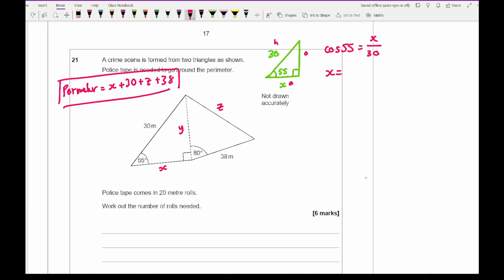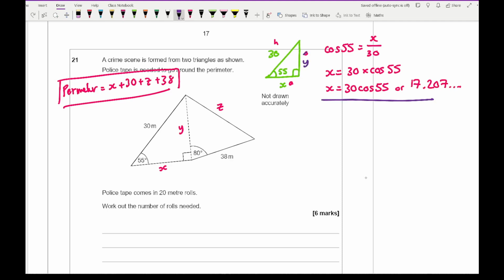So x equals 30 times cos 55. And I could either leave my answer as 30 cos 55, or I could write it as a decimal, so 30 cos 55 equals 17.207 and so on.